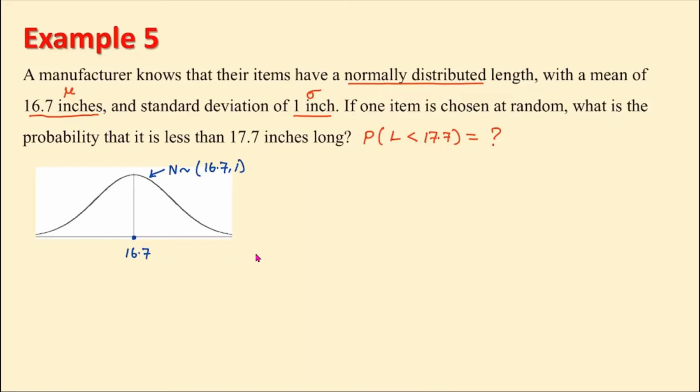Along the x-axis, we have the data value x. 16.7 is here, so 17.7 will be somewhere here. When we say less than, the meaning of that is on the left. Probability is the same as the area, so we want to find this area.